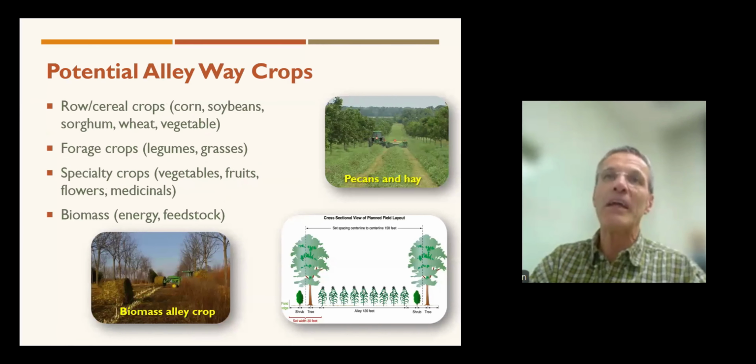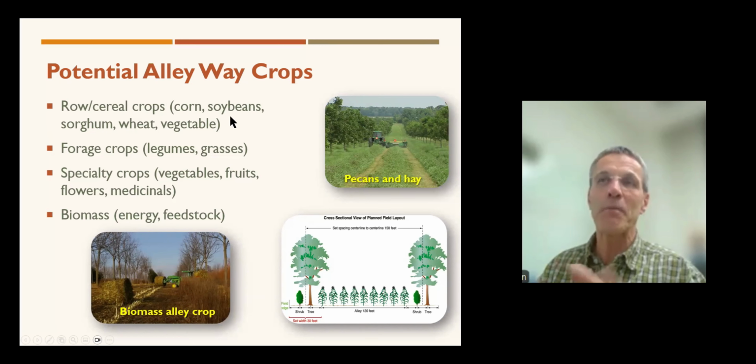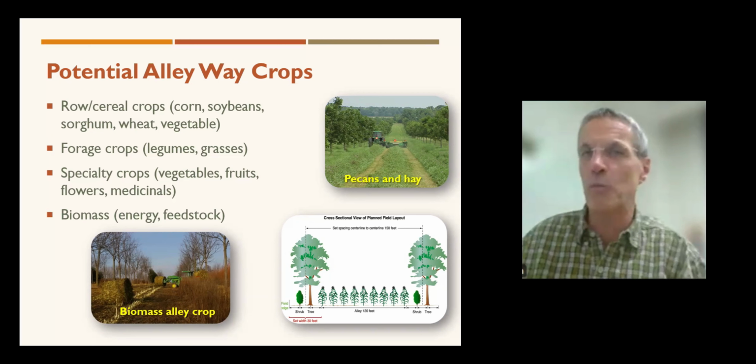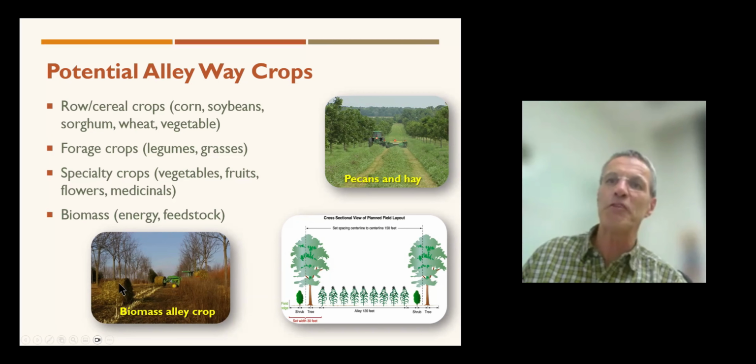And in the alleyways, like I said, you can grow any kind of row crops if it's compatible with the trees. You can grow all kinds of forage crops, so hay, anything that animals can eat, or then specialty crops, but also flowers or medicinals. And lately, I've seen more and more biomass crops as well, so basically energy feedstock crops.